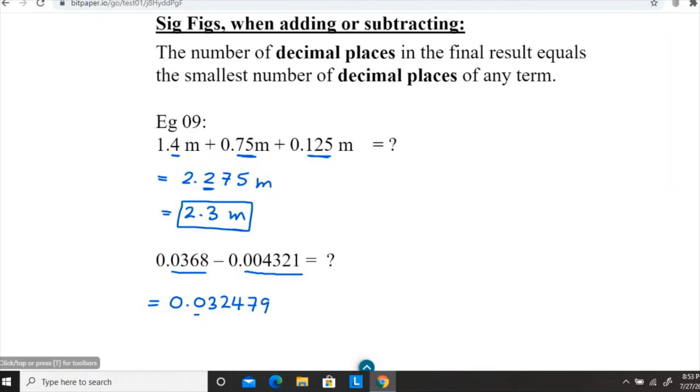And these are the 4 decimal places that we are interested in. So there's a 4, after that there's a 7. So we can round this 4 up to 5. As a result, the final answer would be 0.0325. And we based this subtraction looking at the decimal places of these two numbers.